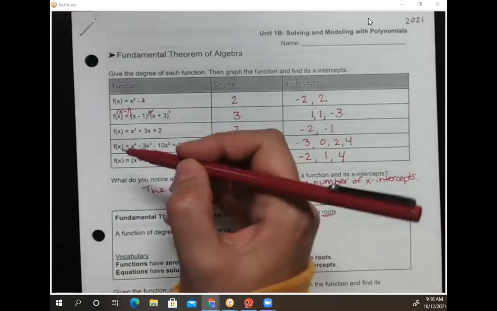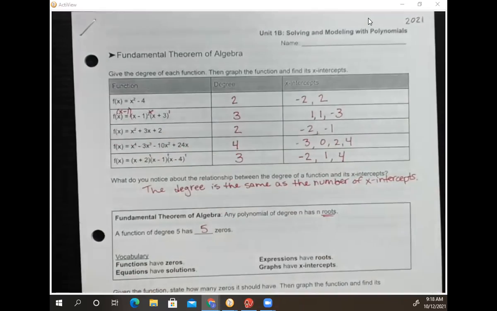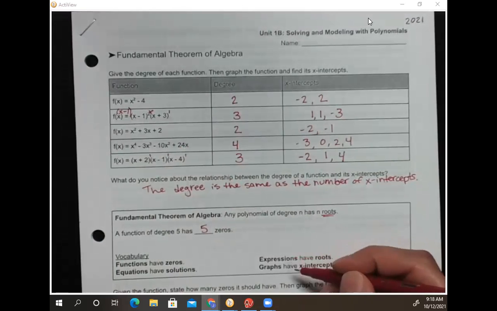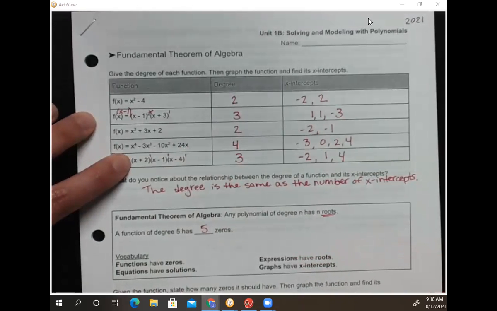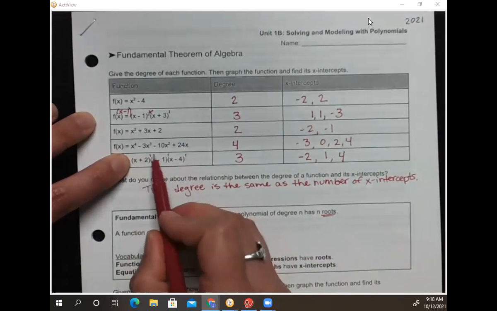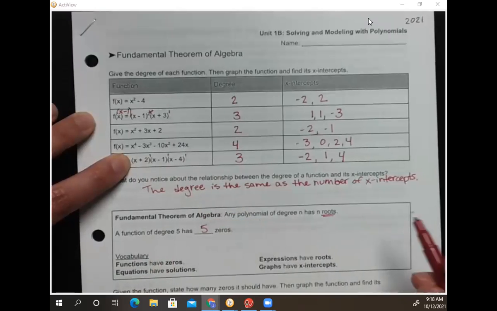When we talk about functions, with that function notation, we would talk about zeros. So that's why your calculator calls them zeros. When we talk about equations, which is what we're going to focus on later in this unit, we're going to talk about solutions. Expressions would be if I didn't have that f of x equals and I just had this portion here, it wasn't equal to anything.